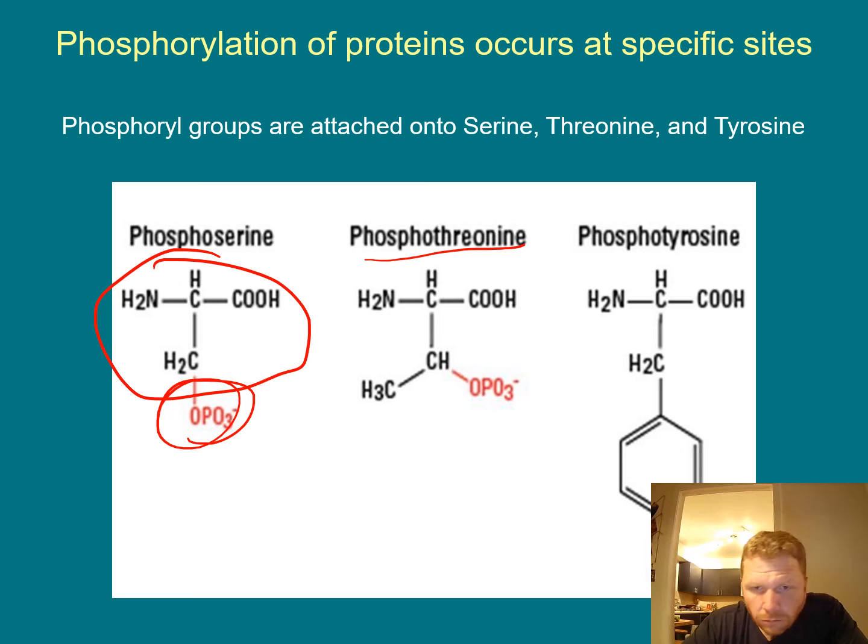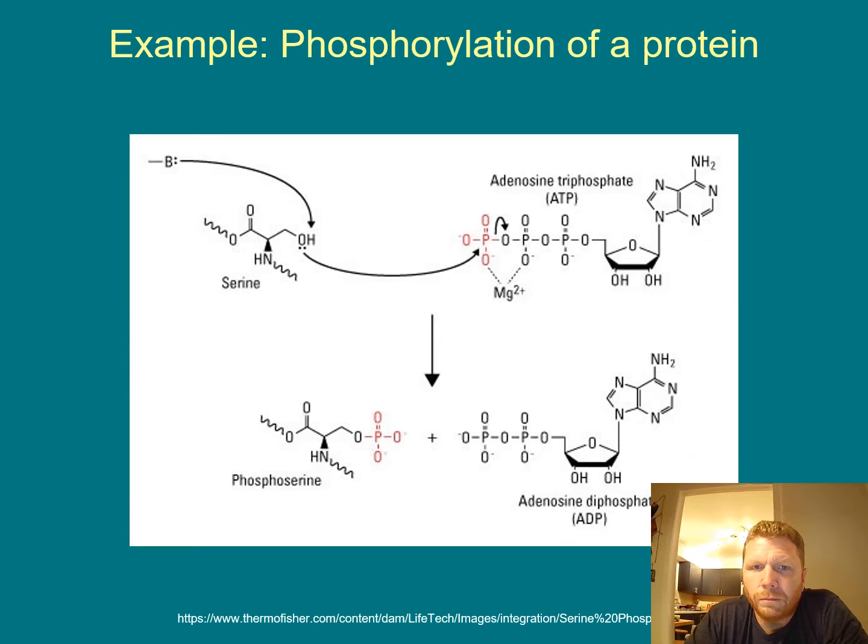Phosphothreonine: the hydroxyl group on a threonine residue is replaced with an OPO3. My head's kind of obstructing it, so I'll just draw it out here. Rather than an OH, an OPO3 group is added to form phosphotyrosine.